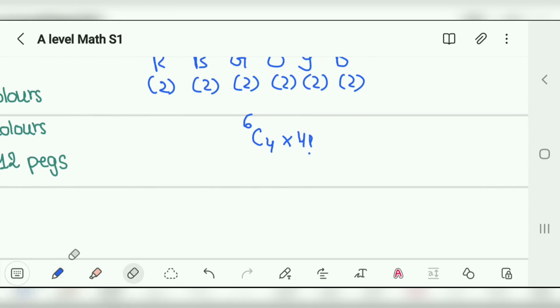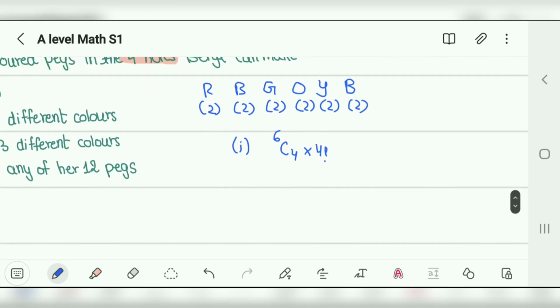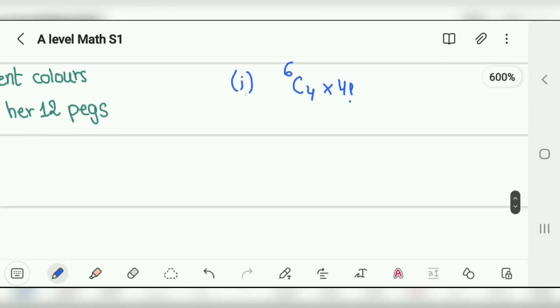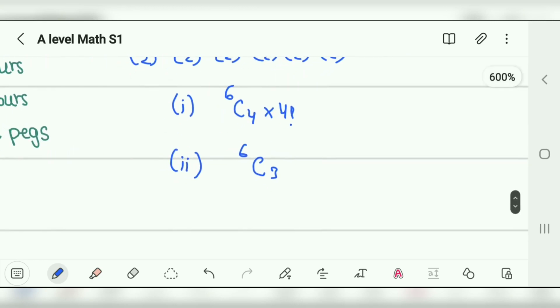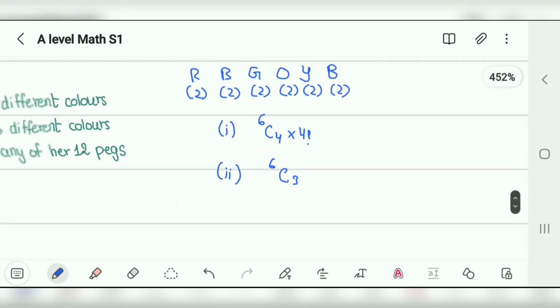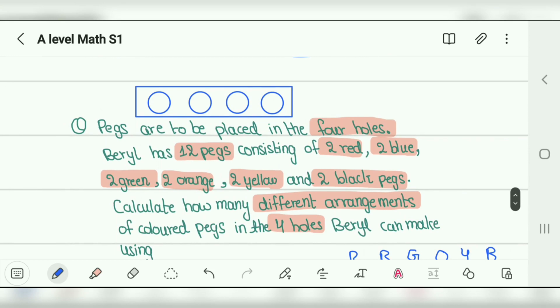Okay, this is part 1. Part 2 is saying 3 different colors. So we are going to choose any 3 different colors from the 6. So 6C3, choosing 3 different colors from 6 unique colors. And after choosing them, we need to put the bags in these 4 holes.